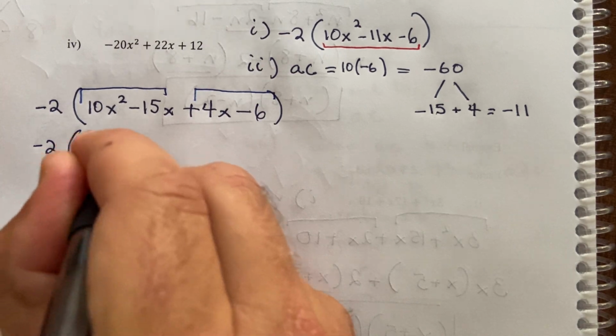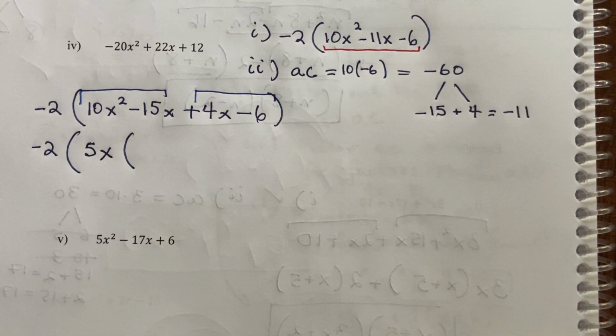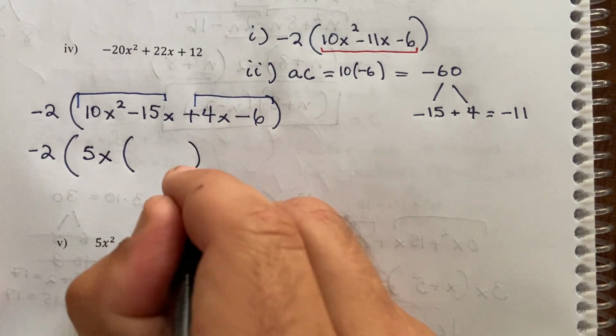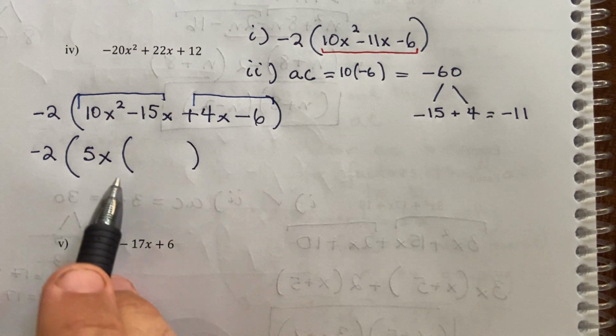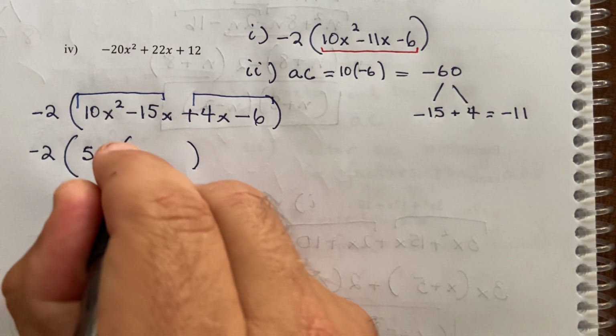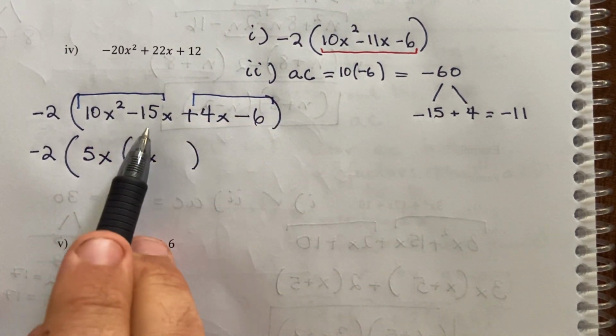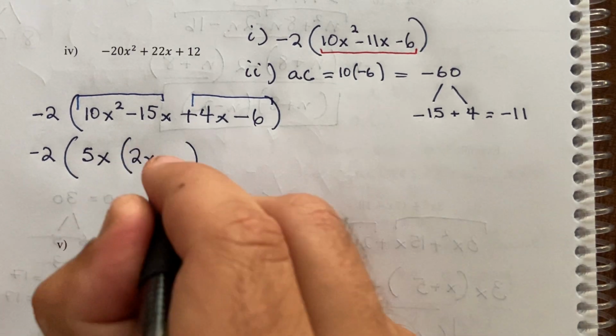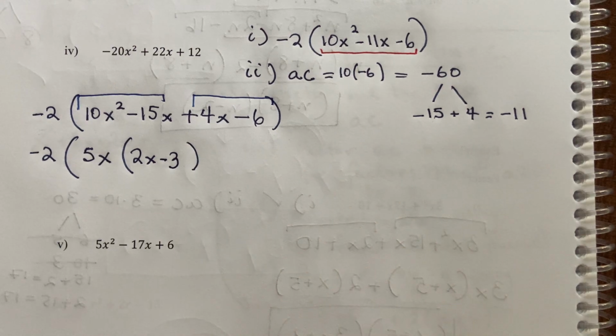So 5x, and what is left behind? I know we have parentheses and parentheses now. That can be confusing. So 5x times what creates this thing? So 5x times 2x. And then 5x times what is -15x? That would be -3.